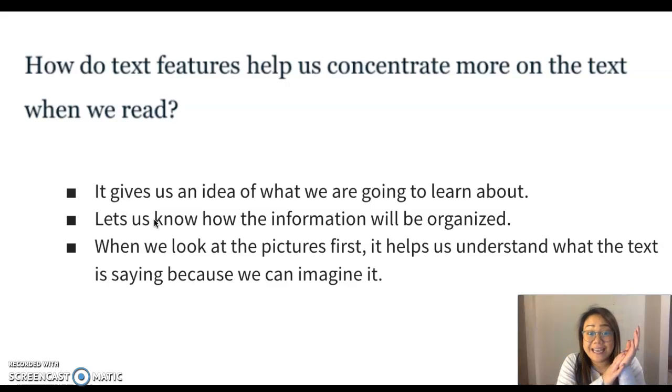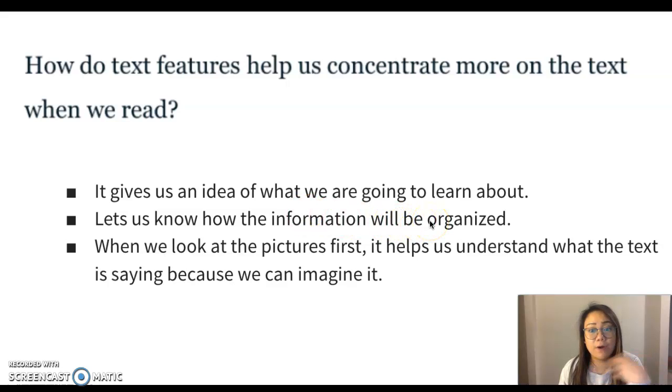Those pages have a lot of text features, and those text features help us concentrate more on the text that we read. It gives us an idea of what we're going to learn about. So if it says "more room with a view," it's probably talking about the rooms in our heart, like the chambers that have different views, right? It also lets us know how the information will be organized.